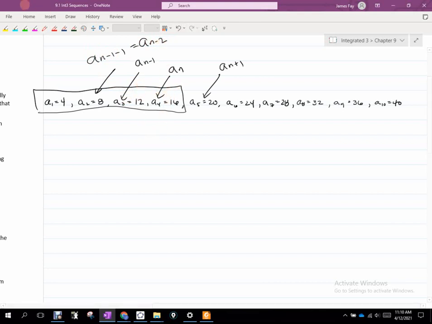So if I started here at that being A sub n, if I go 2 terms to the left, is that term? Does that make sense to everybody? So these subscripts are telling me locations of other terms based on A sub n, an initial term.